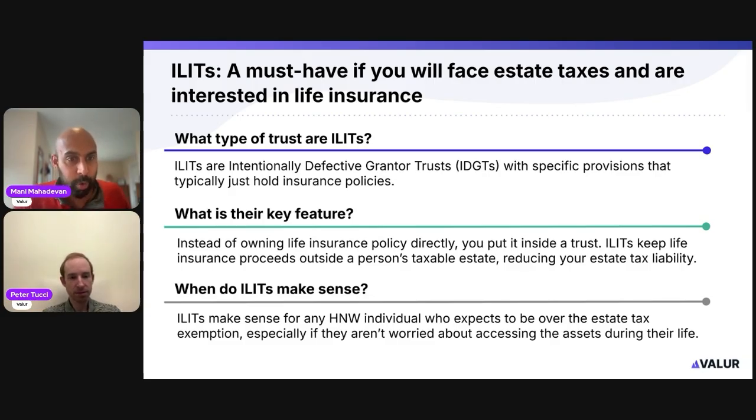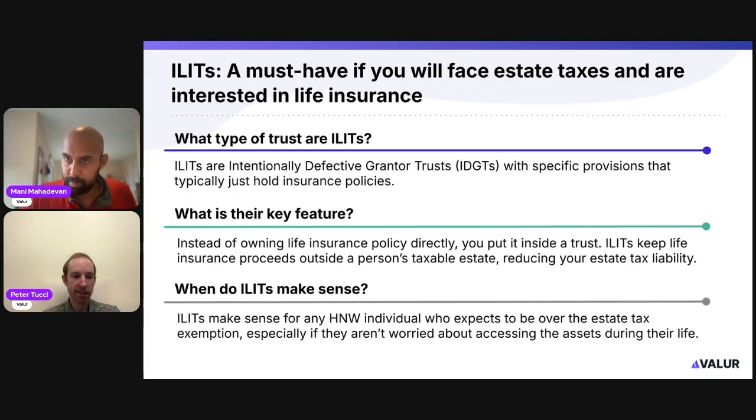Because if you keep it in your name, all that appreciation will be taxed when you pass away. Versus if you gift it today, only the value today could face that tax, but all the appreciation won't be subject to it. Is that the right way to frame it? Yeah, yeah.